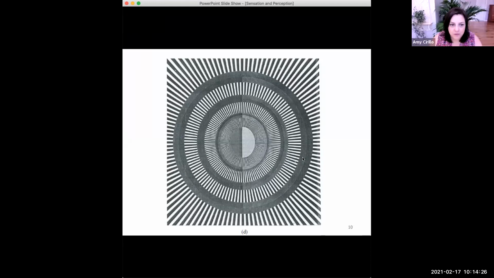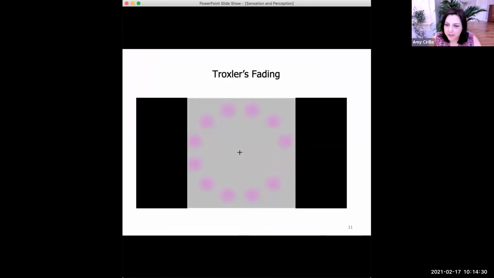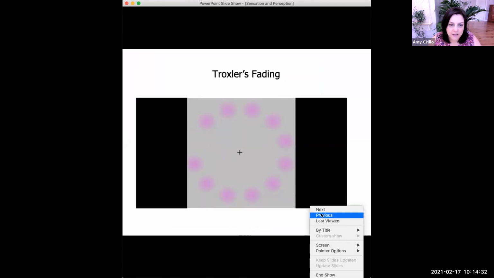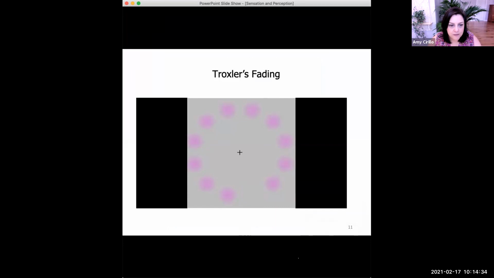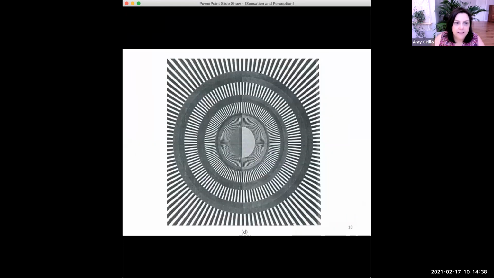Right, things start moving, particularly inside these darker rings. It appears that the atmosphere or whatever space inside these dark rings is moving around in a circle, doesn't it? And is it? No, the image is fixed. It's your eyes that are moving around.